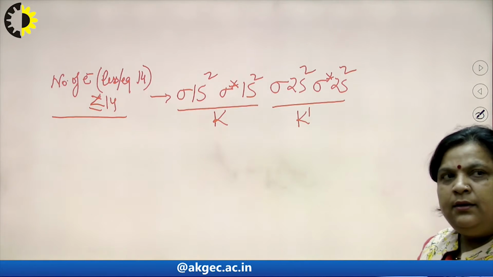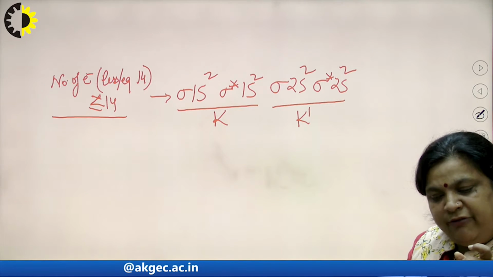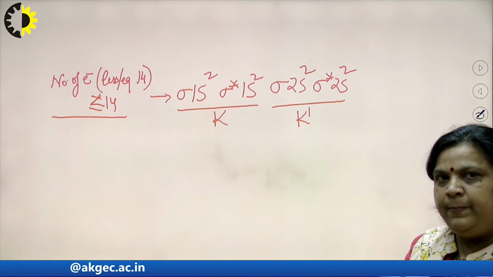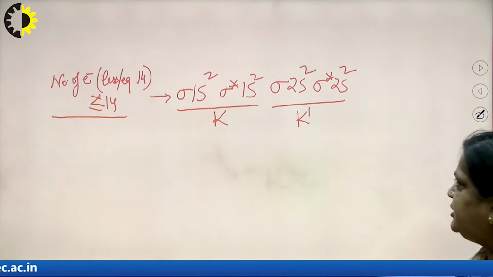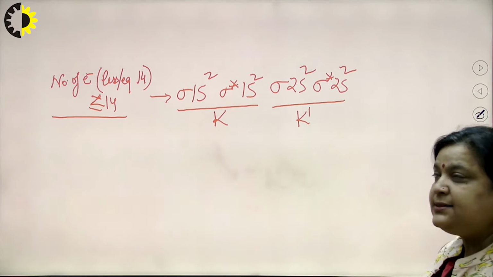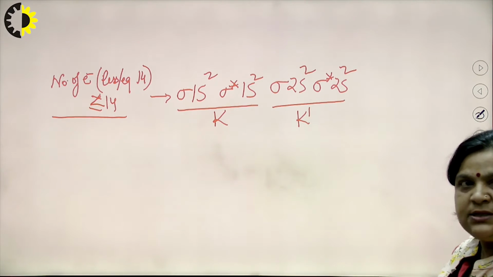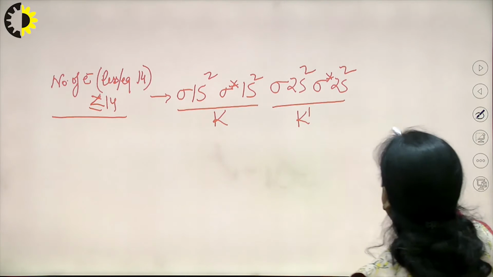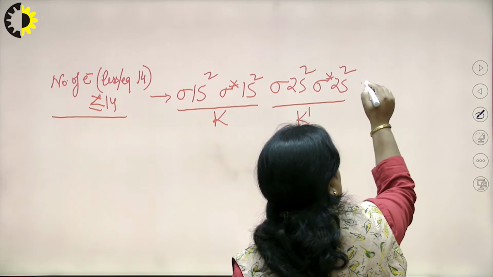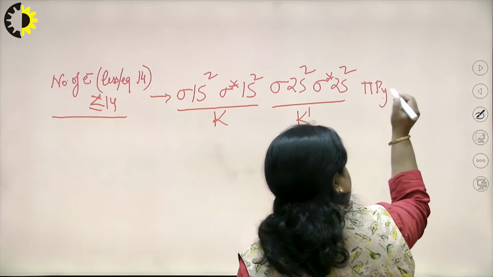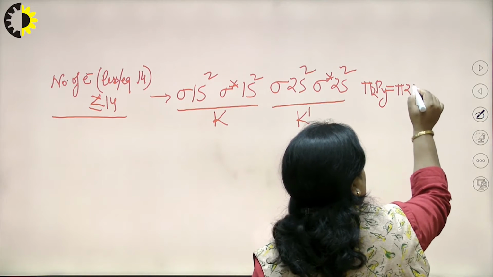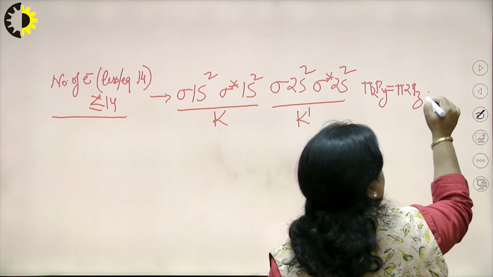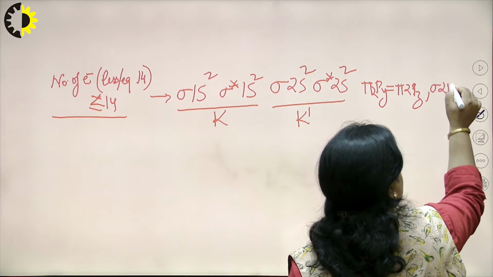But if it is less than or equal to 14, there will be a chance of mixing. In this situation the ninth electron, next to sigma star 2s, will enter first pi 2 py and pi 2 pz, and then sigma 2 px.